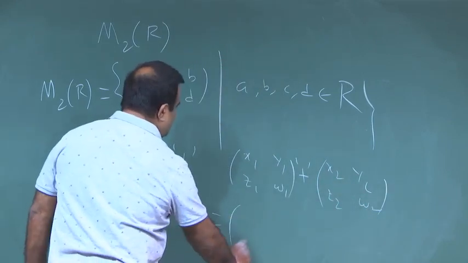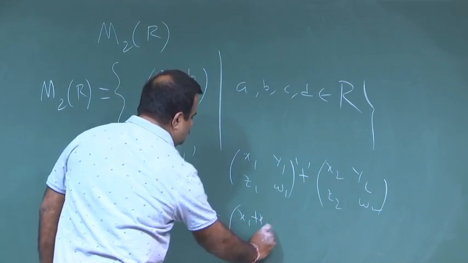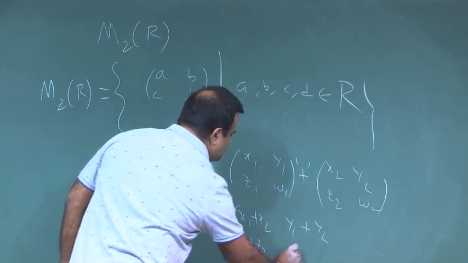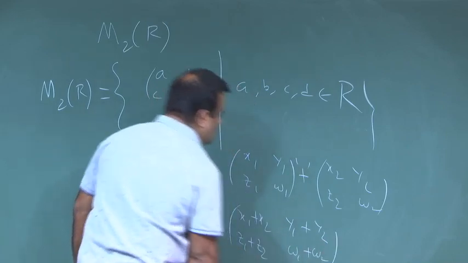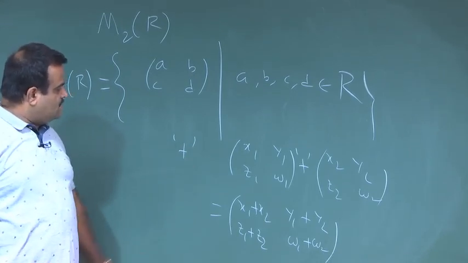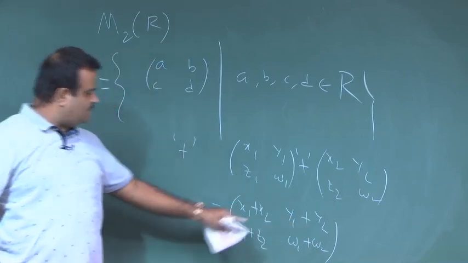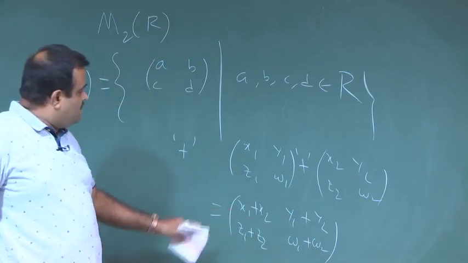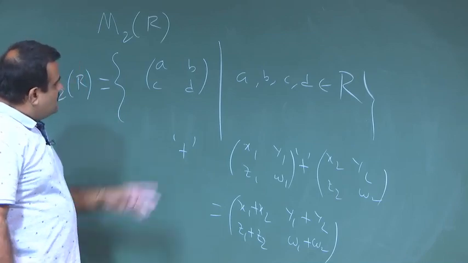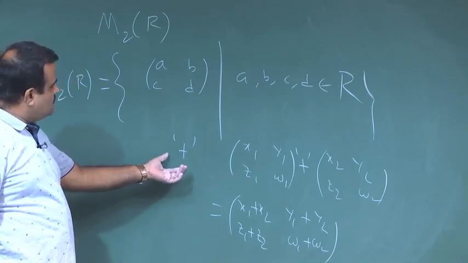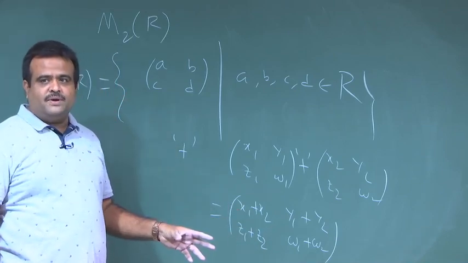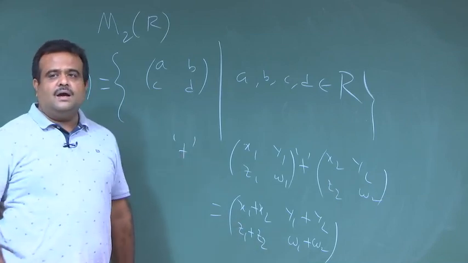Then this is basically x1 plus x2, y1 plus y2, z1 plus z2, w1 plus w2. This is how we define the matrix addition. These are all real number additions, because these entries are coming from real numbers. So, this we can show is commutative, and also we can show this is associative.